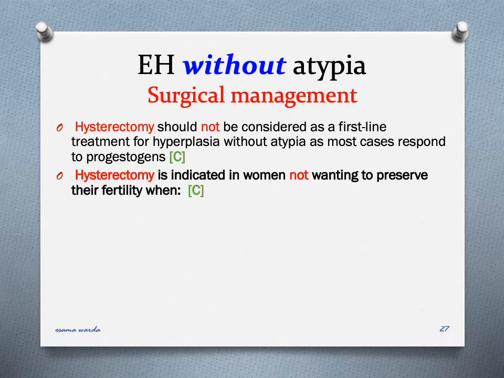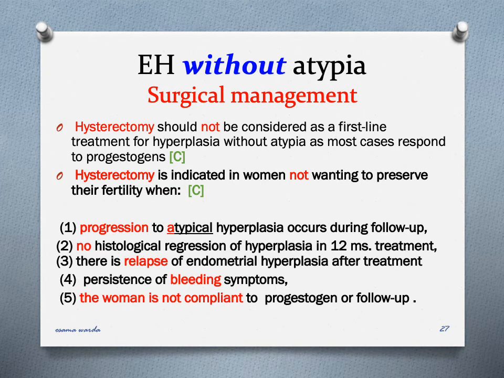Hysterectomy is indicated in women not wanting to preserve their fertility when progression to atypical hyperplasia occurs during the follow-up, no histological regression of hyperplasia in 12-month treatment, there is relapse of endometrial hyperplasia after treatment, persistence of bleeding symptoms, or the woman is not compliant on progestogen or follow-up.